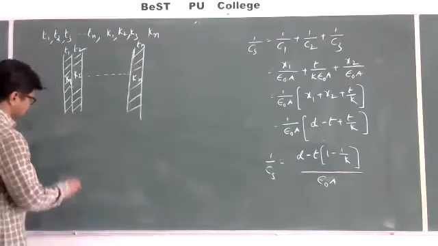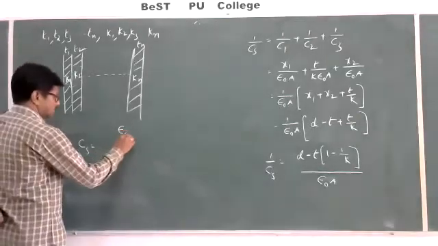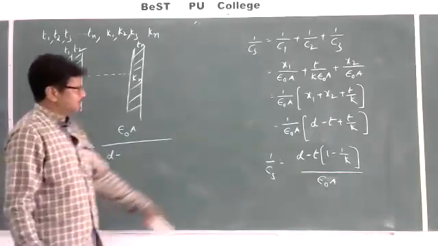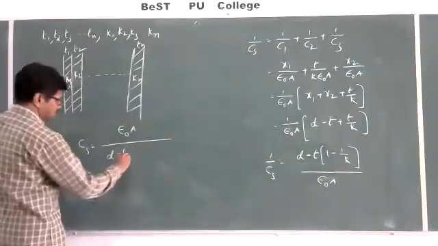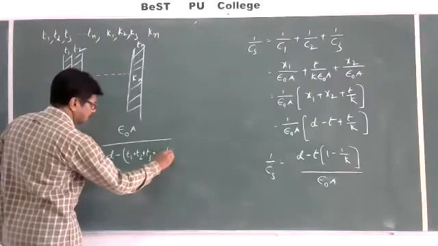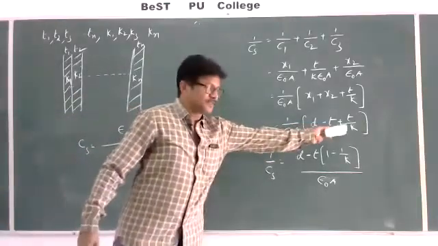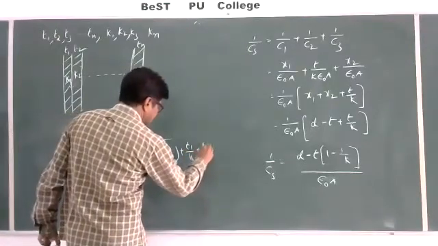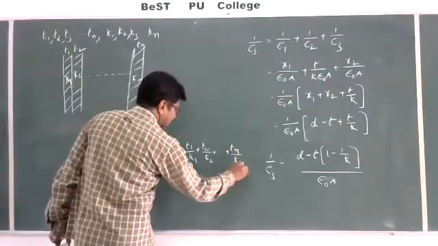In such a case, the formula to find the effective capacitance is C equal to epsilon naught A by D minus T1 plus T2 plus T3 and so on Tn, plus T1 by K1 plus T2 by K2 and so on Tn by Kn.